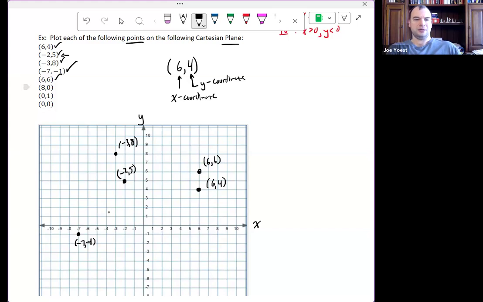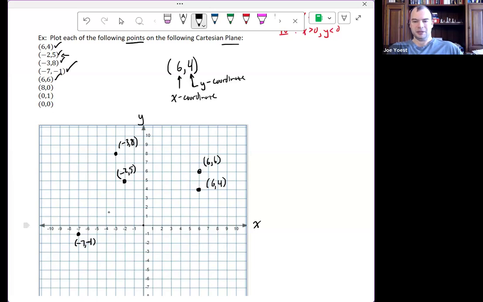What about something like 8, comma 0? I want to be at location 8 horizontally, so I want to be associated with x equals 8. I want to be somewhere kind of on that line, somewhere above or below x equals 8, or actually in this case, because I'm looking for y equals 0, remember the origin is when x equals 0 and y equals 0.